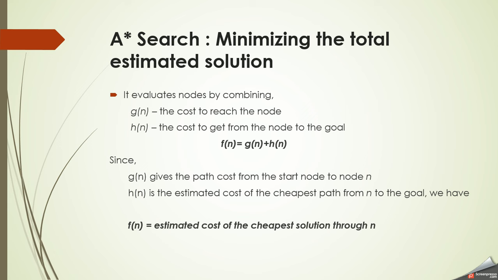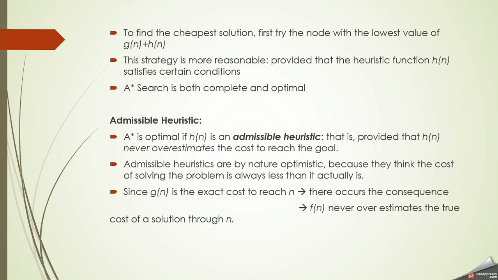So by calculating g of n and h of n, we'll get the estimated cost of the cheapest solution through n. That is what A-star search is all about. In simple terms, path cost plus the heuristic function gives you the evaluation function. So let us see the example now. We'll see the example and then I'll come back to these points so that you can understand it more clearly.